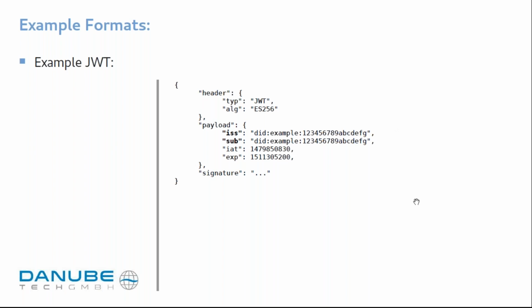But here we can use the same format for DID auth, where I'm issuing that to myself, right? I'm issuing a token. What is my DID, and then I'm attaching a signature to prove that I actually control the private key corresponding to this DID. So this is one data format that could be used for that, which we're already seeing.